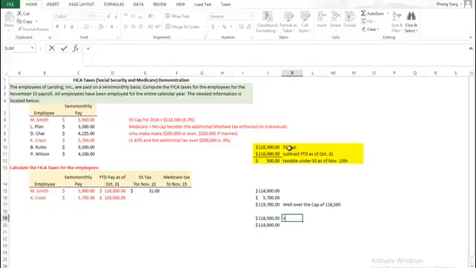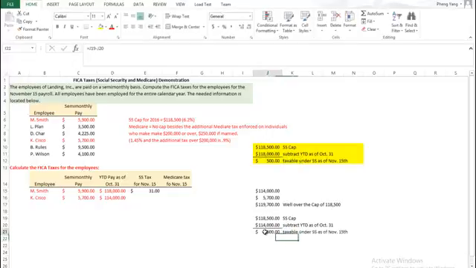So let's see here. If I subtract the 114 from the 118 for Cisco, my taxable Social Security amount for Cisco is $4,500, which is under the $5,700. So we don't want to tax the full $5,700. We can only tax $4,500, which is how we calculated that here.